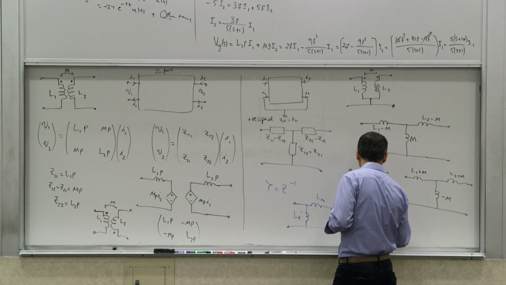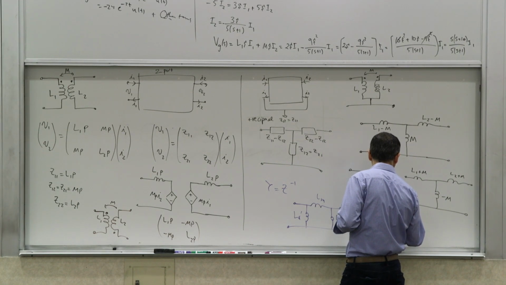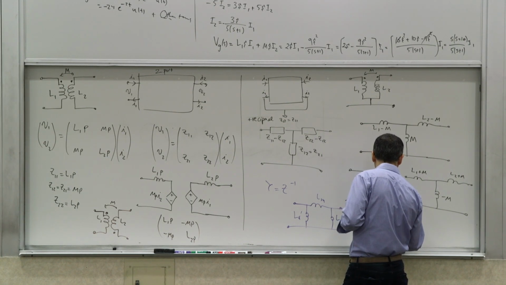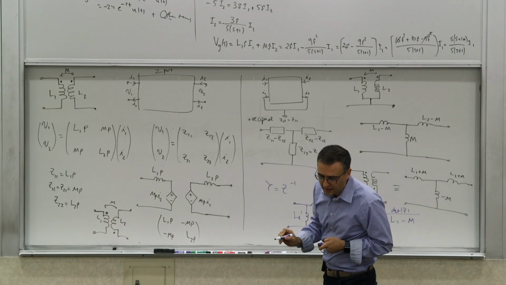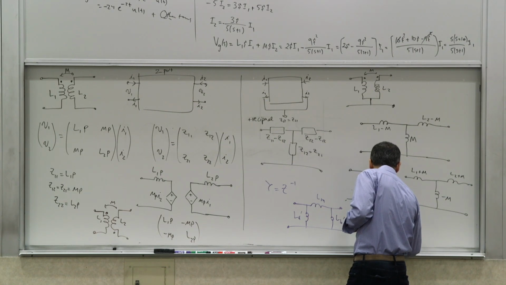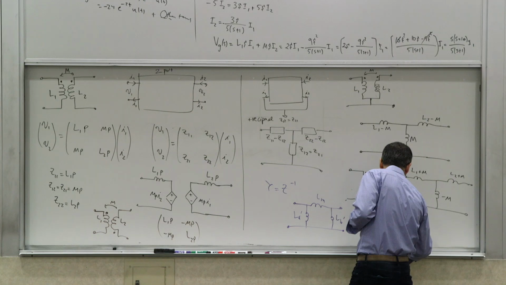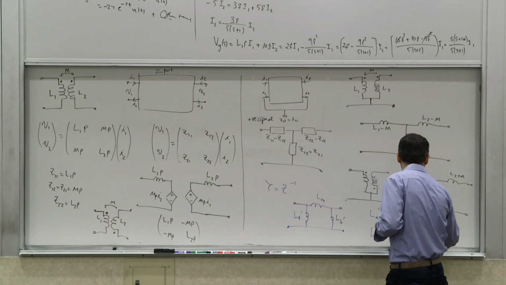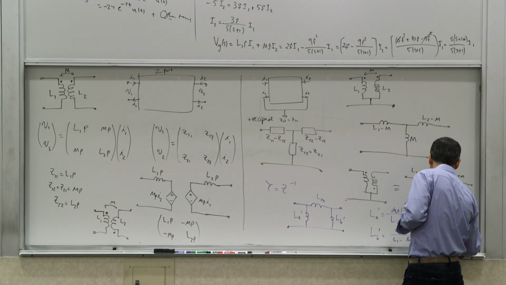LA prime is the determinant of Z over L1 minus M, no, L2 minus M, and LB prime is the determinant of Z over, or it comes out of matrix inversion directly, M, and LM is the determinant of Z over M.